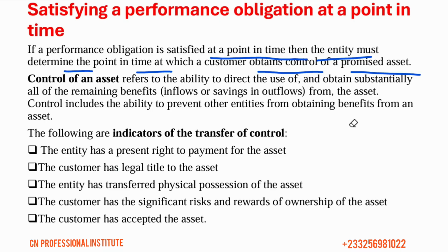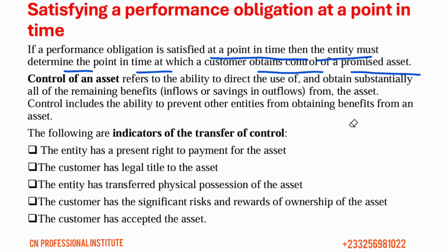It will happen over the 5 year period, right? So that's performance obligation over time. You can't record all the revenue for that 5 years in just a year. The performance obligation happens over time. You can't just record revenue once.